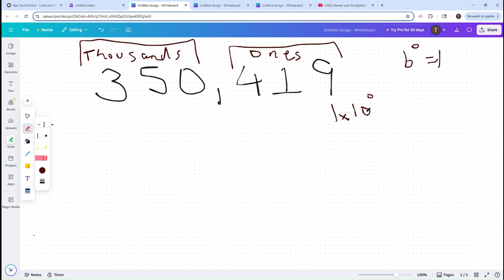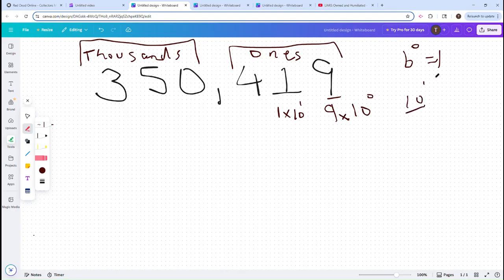So this is 1 times 10 to the 0th power. That's 1, and we've got 9 of those. This is 9 times 10 to the 0th. 10 to the 0th power is 1, 9 times 1 is 9. And then we have 1 times 10 to the 1st power. Another little short lesson on exponents.